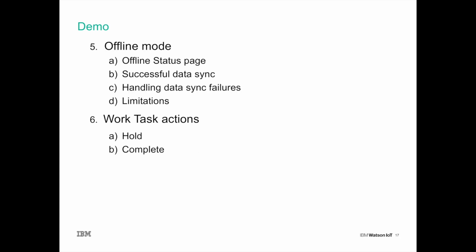We'll also go into offline mode. We'll take a look at offline status page, a successful data sync, handling data sync failures, and offline mode limitations. Lastly, we'll go over work task actions, holding and completing a work task.